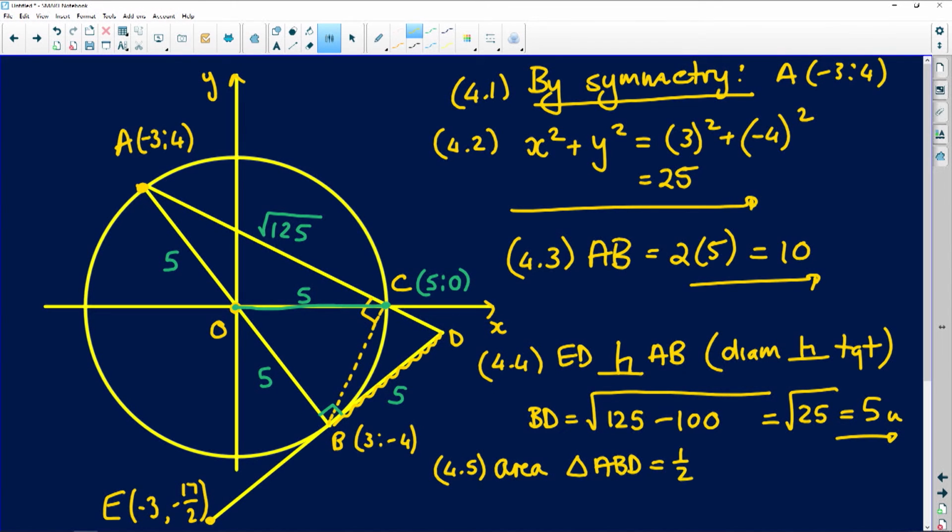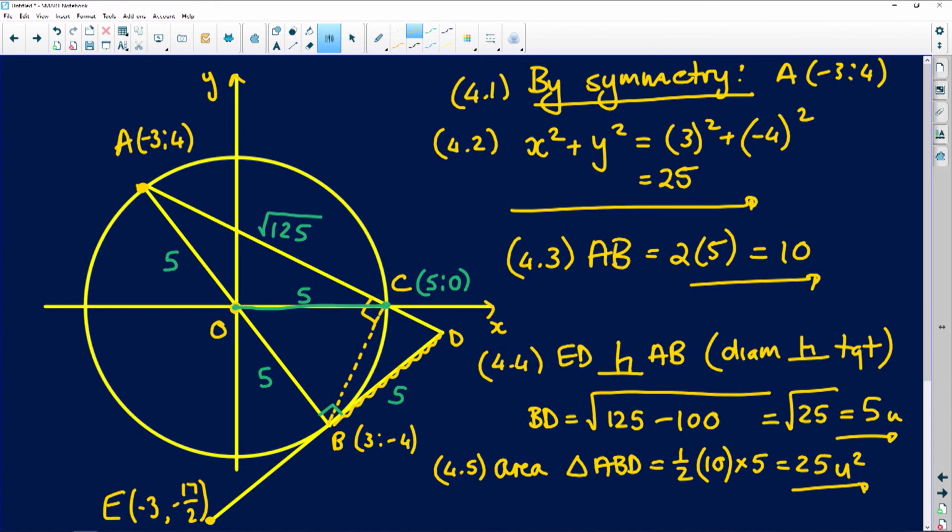Now we're going to pick the base. Let's pick the base as 10. So it's half 10 times the height, which is 5. And look at that. 50 halved is 25 units squared, which is the area of triangle ABD. Now, so far, I don't think anything in this paper was that challenging. So far, you have 15 marks in your pocket.